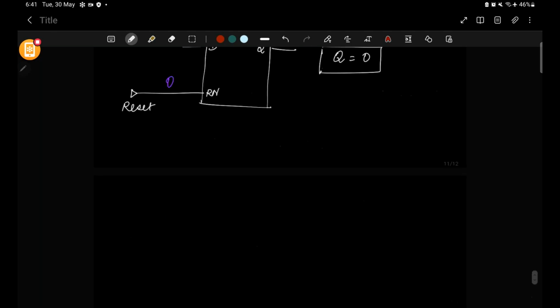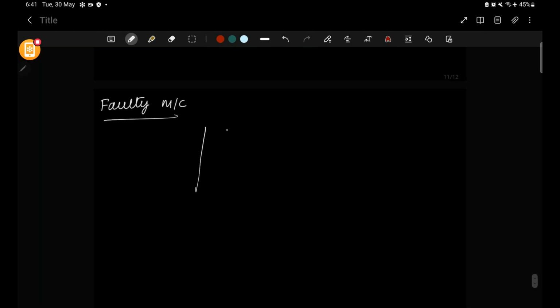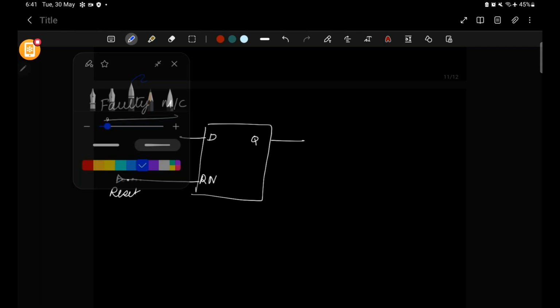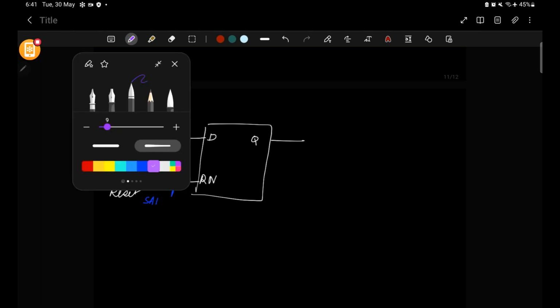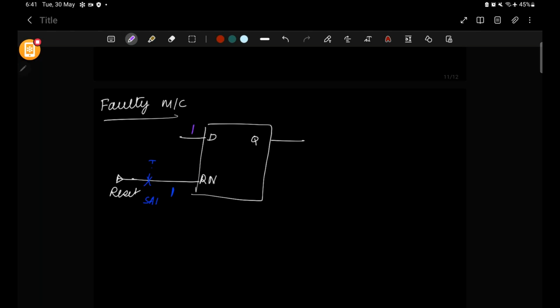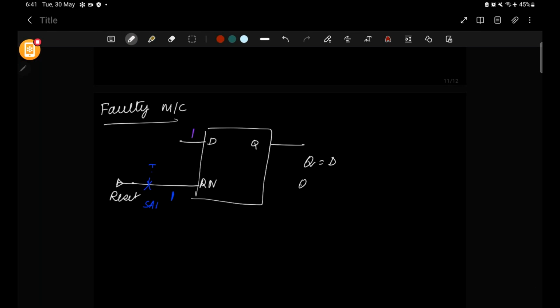Whereas in the faulty machine, the tool has induced a stuck at 1 fault, so here this will be 1. Reset is not pulsed, so Q will be equal to D, that is Q equals 1 because at the D input 1 is there.